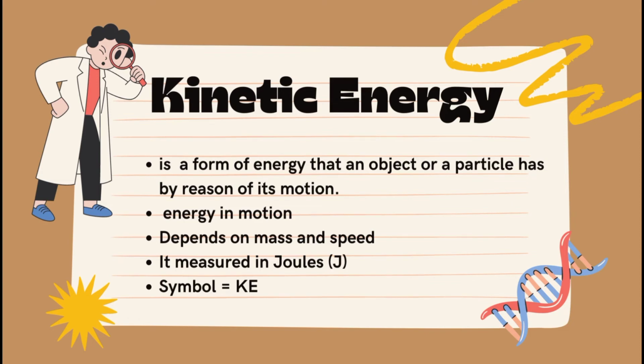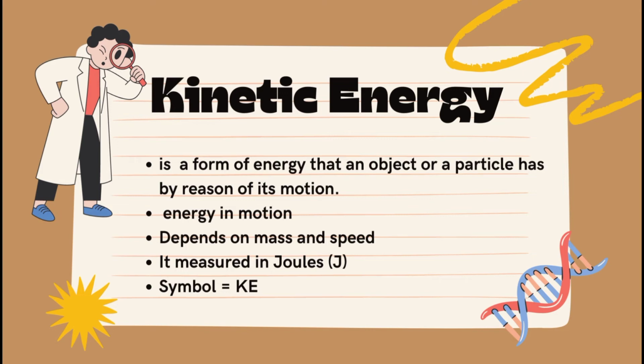Simply, it is energy in motion that always depends on its mass and the speed. Remember that kinetic energy is measured in joules, or capital letter J, which is also the same as the unit for work.